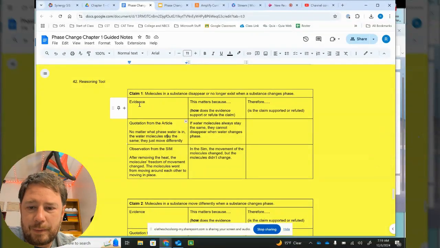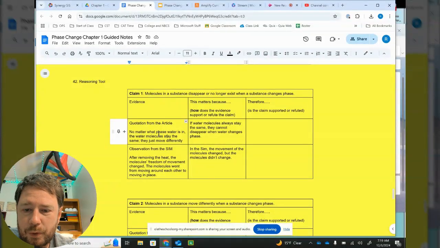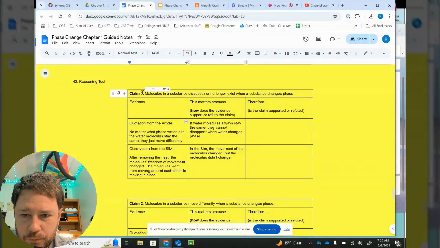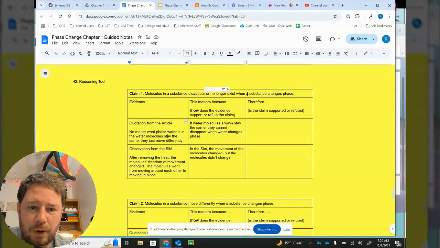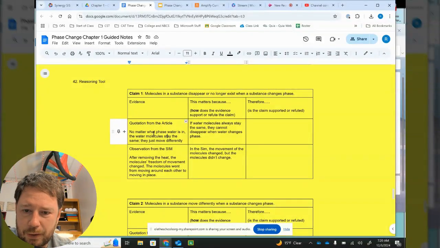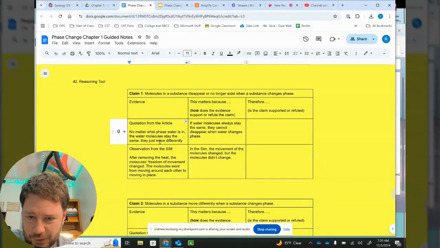So our evidence for claim 1, our evidence from the article, says no matter what phase water is in, the water molecules stay the same. They just move differently. So our claim was that molecules in a substance disappear or no longer exist when a substance changes phase. If we look at this quotation, it doesn't say anything about the molecules disappearing. In fact, it just says they're still there. They're just moving differently.